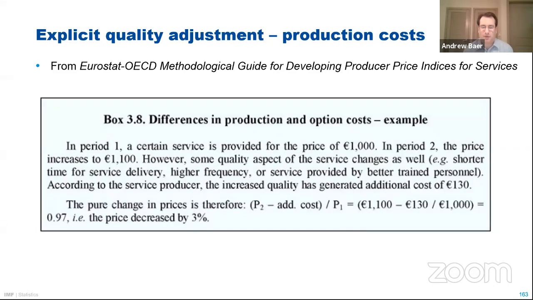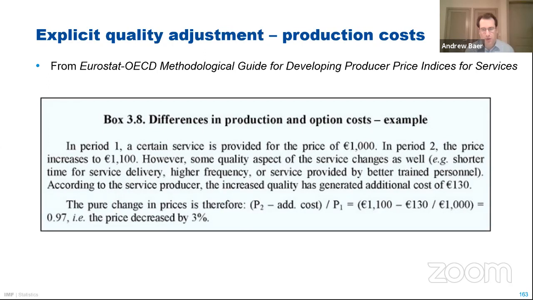That would be an example of a quality improvement that we could estimate based on the production costs needed to produce that improvement. So in this example, the cost associated with making the quality change was 130 euros.